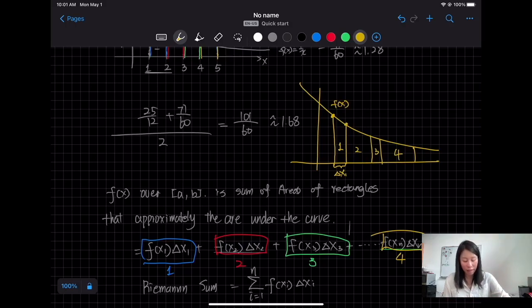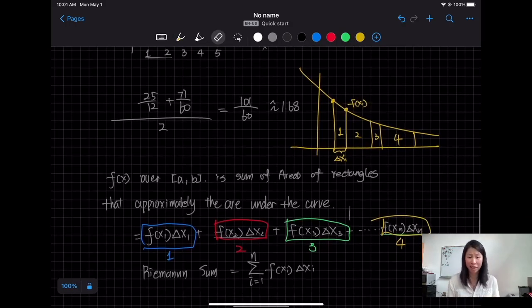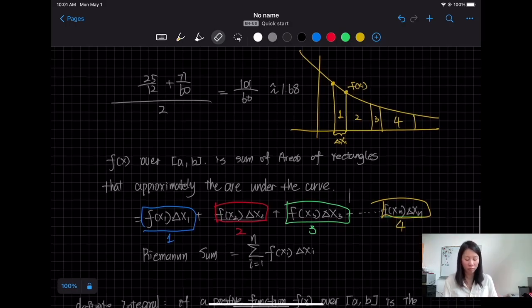If you let f of x1 be the right-hand side, that's also okay. So in reality, when we're doing this Riemann sum, it doesn't matter whether you use the left-hand or the right-hand method, because if you divide the subinterval enough, your function is going to be very accurate.